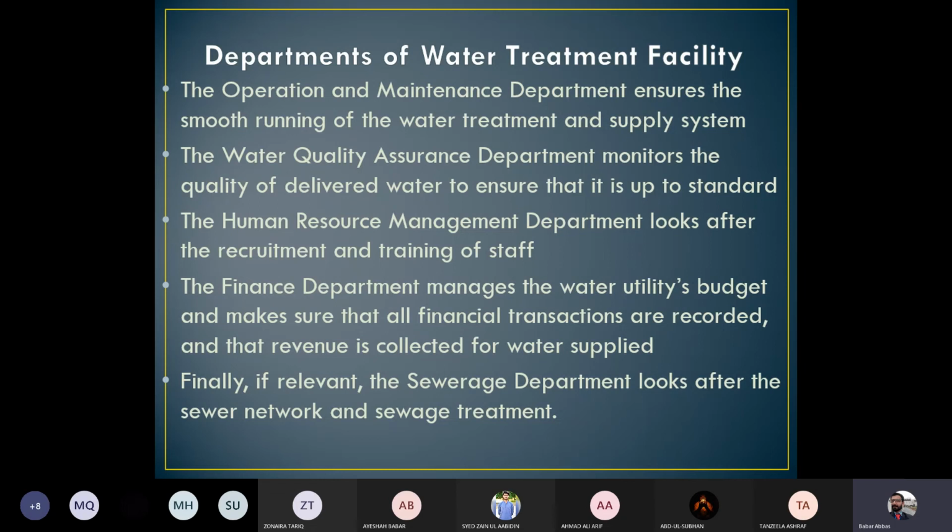The human resource management department recruits and trains the staff. The finance department arranges the finances and revenues for the water supply and utilities budget as well. Finally, if relevant, the sewage department looks after the sewer network and sewerage treatment.